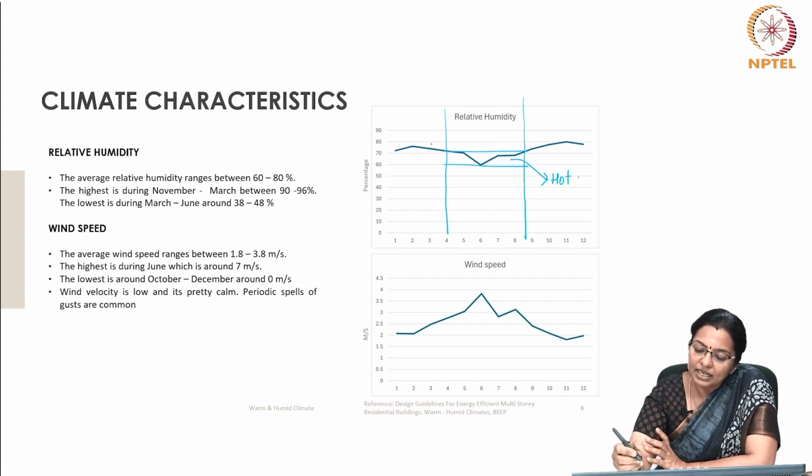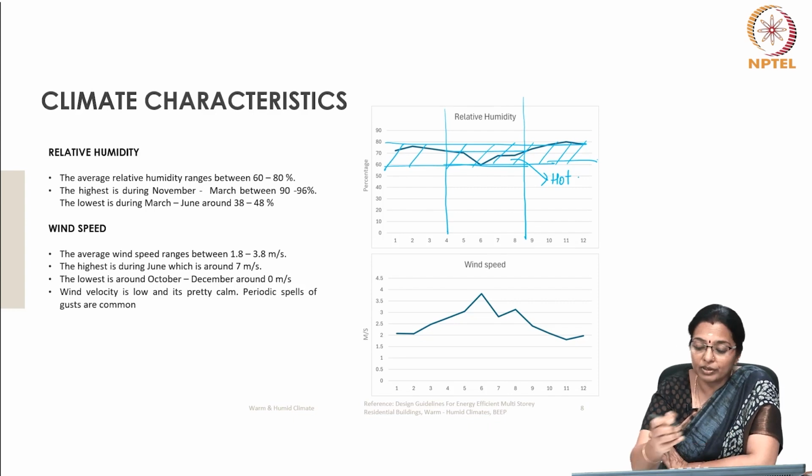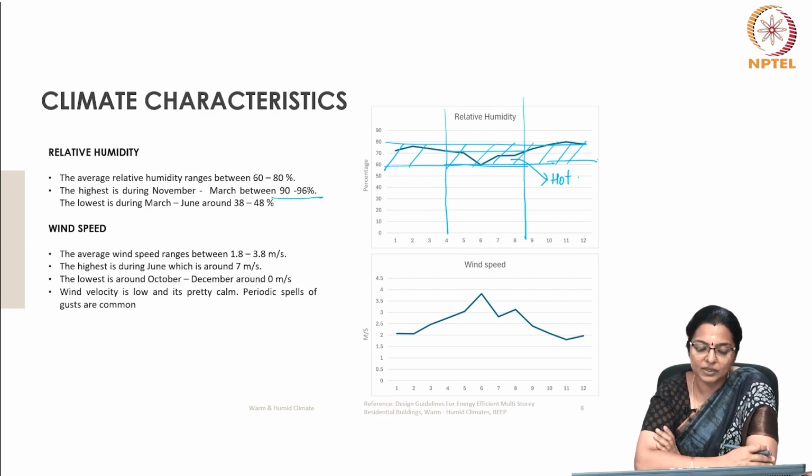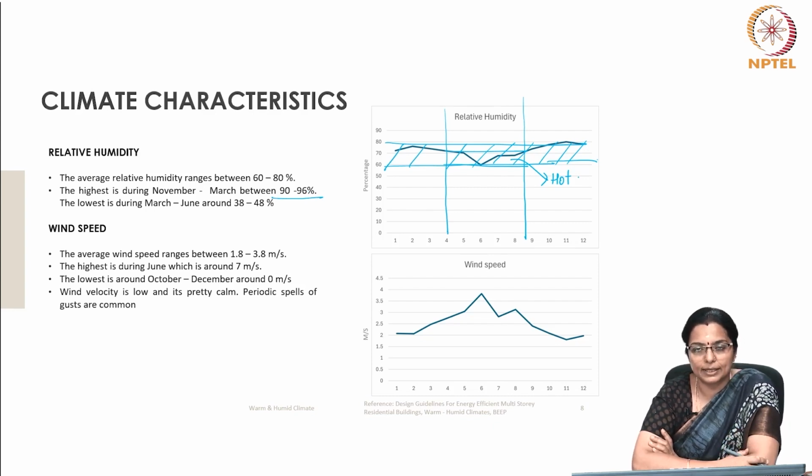Otherwise, it's largely in the range of 60 to 80% throughout the year. The highest is during November to March, and it could range even between 90 to 96%, and the lowest is during March to June, and it ranges between 40 to 50%.